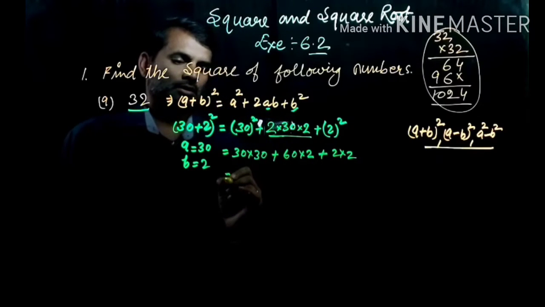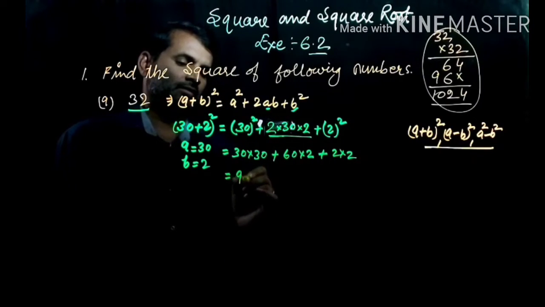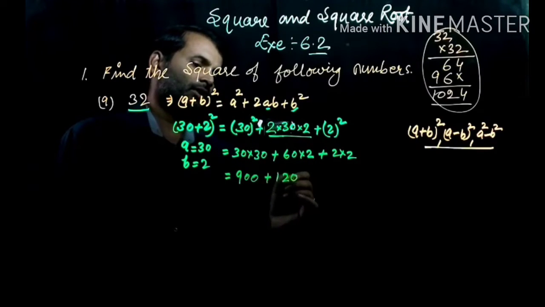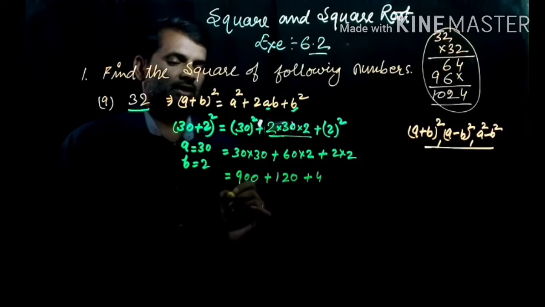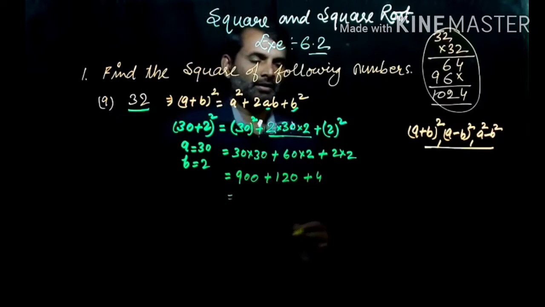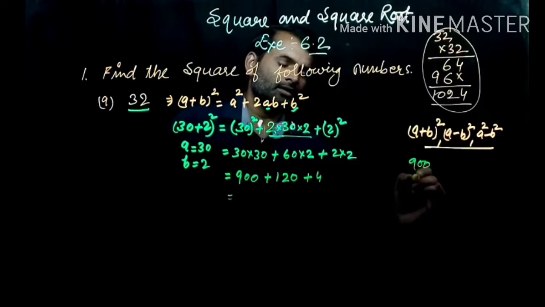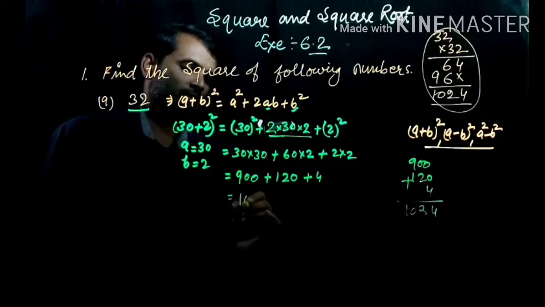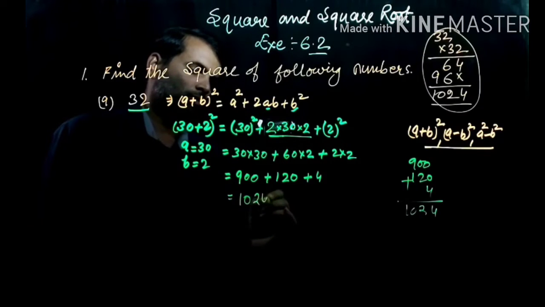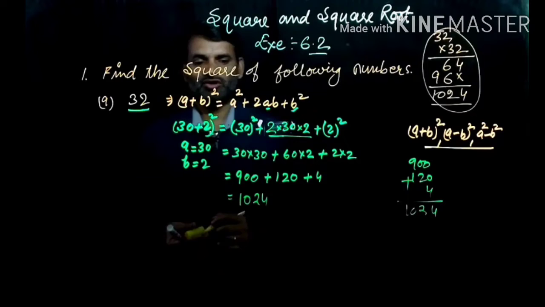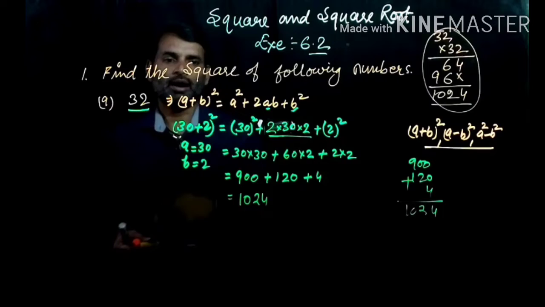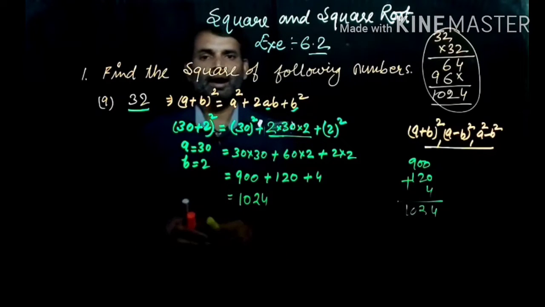Now 30 into 30 is 900, plus 120, plus 4. Adding 900, 120 and 4 gives 1024. So 1024 is the square of 32. Here we found the square using the identities.